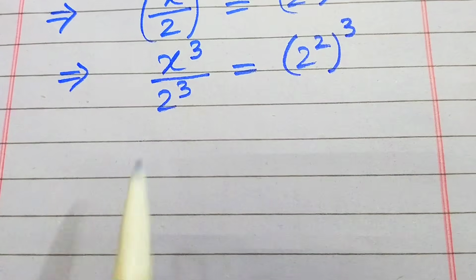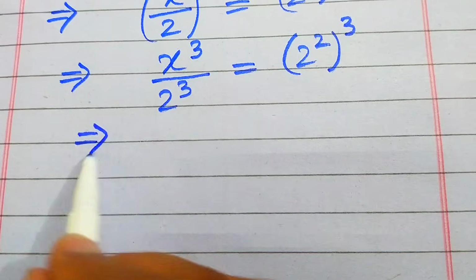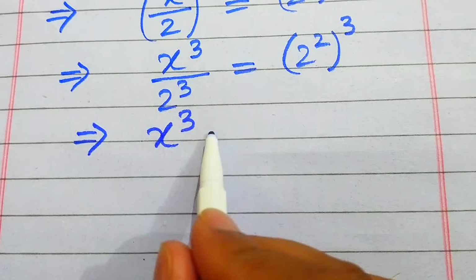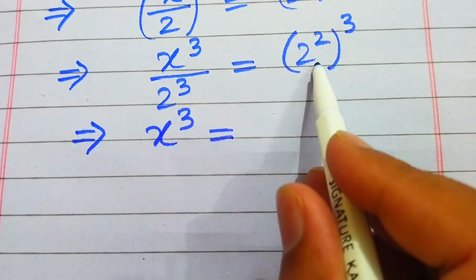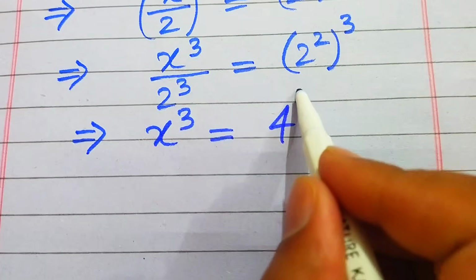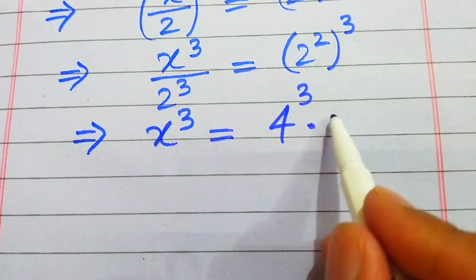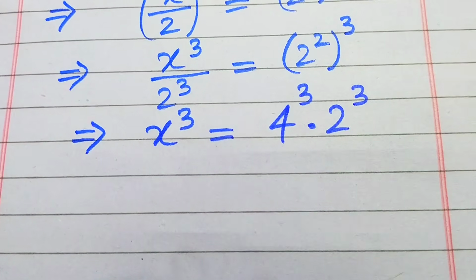And in the next step, we move 2 cubed from the left hand side to the right hand side, and we obtain x cubed equals 2 squared, and 2 squared becomes 4, cubed, multiplied by 2 cubed.